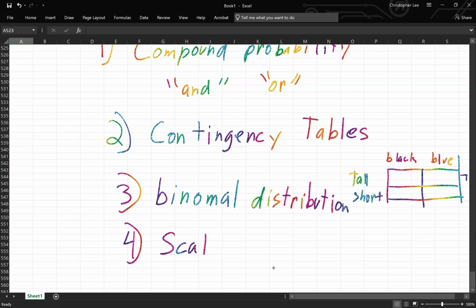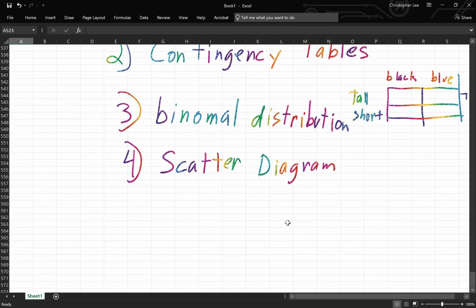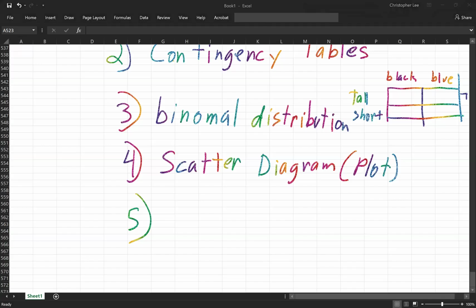Scatter diagrams or scatter plot, whatever you want to call it. The one with the dots, where as X is increasing, Y is increasing, all that good stuff.